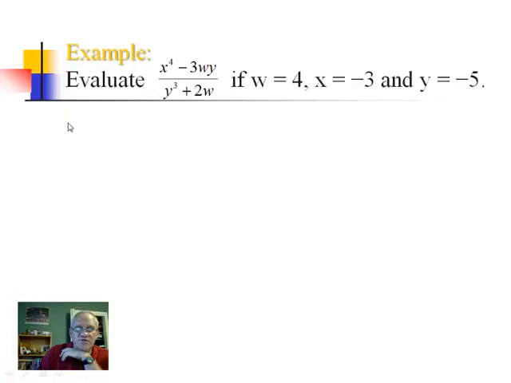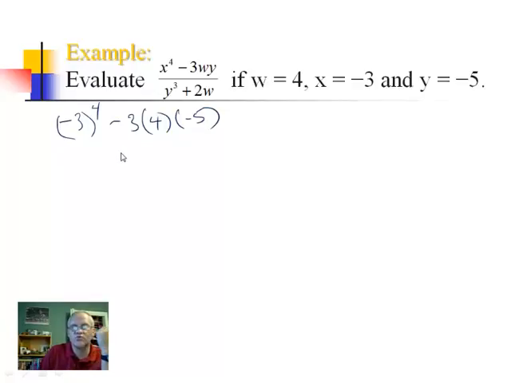x to the 4th is what we've got first. Well, x is what? Negative 3. So we're going to take negative 3 to the 4th power, minus 3. w is 4, so 3 times 4. And then y is negative 5, so times negative 5.